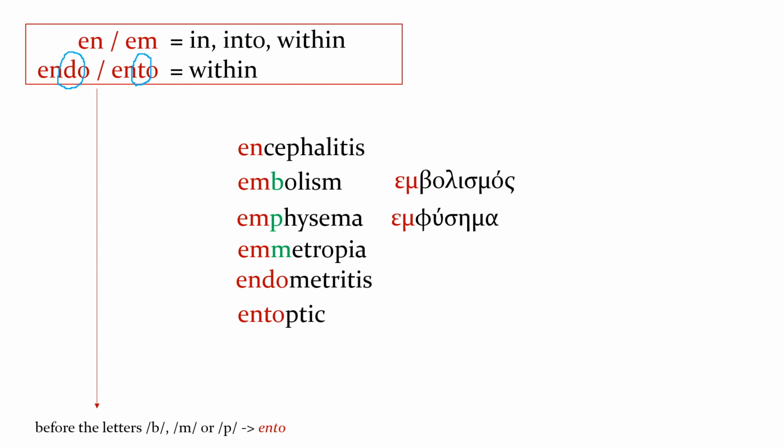A D is formed by, if you make the sound d, d, d, d, d, it's actually formed by putting your tongue behind your teeth and letting your voice box vibrate. D, d, d, d, d. Well, if you do that without using your voice box, you're going to make a T sound. You can whisper ento. You cannot whisper endo.